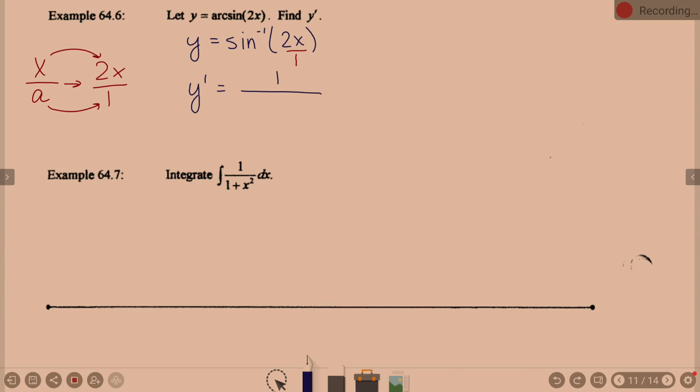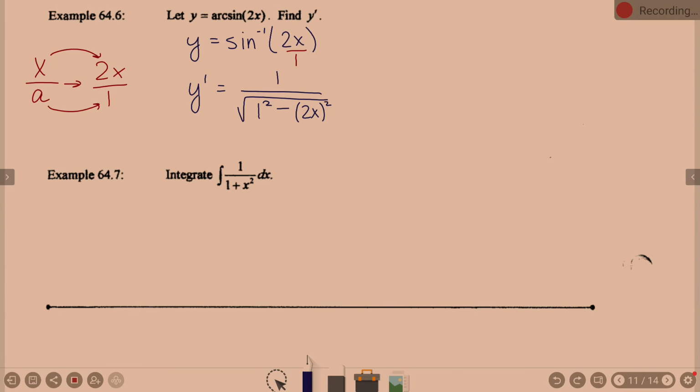Because there's just 1 dx up there, over the square root of a squared minus x squared. What am I putting in for a? 1. So that's going to be 1 squared minus x squared. What am I putting in for x squared? So it's going to be 2x quantity squared, if you will.